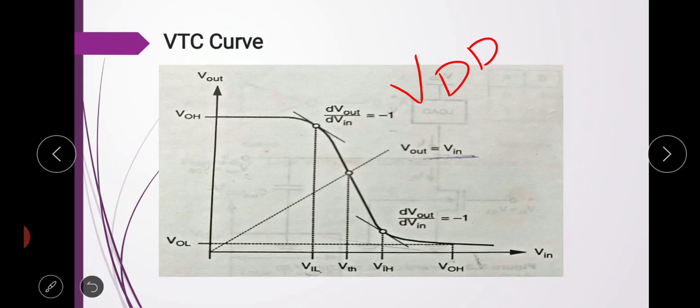Here we have a practical circuit, so we never get the exact value of VDD. It is nearly equal to VDD, so it is denoted as VOH. Here we can see that this is the maximum output voltage.